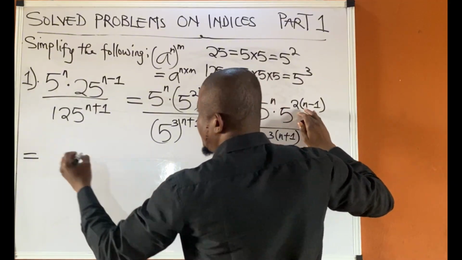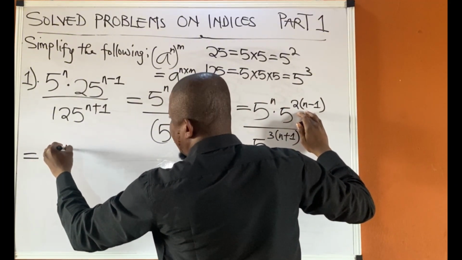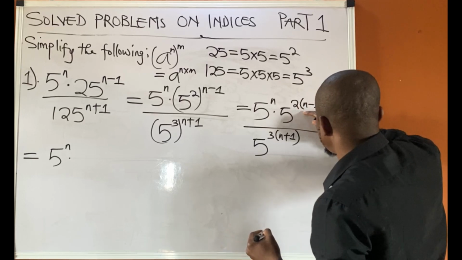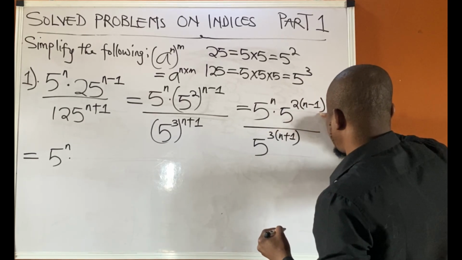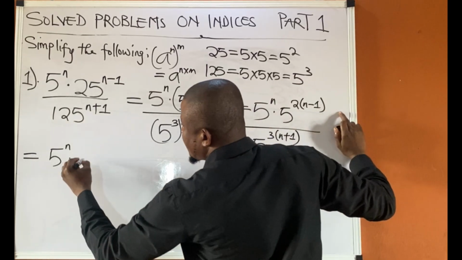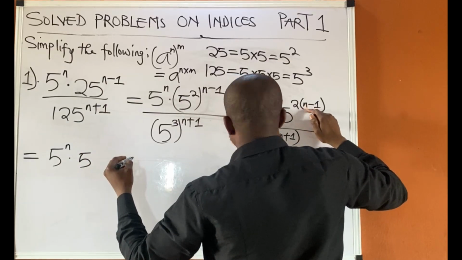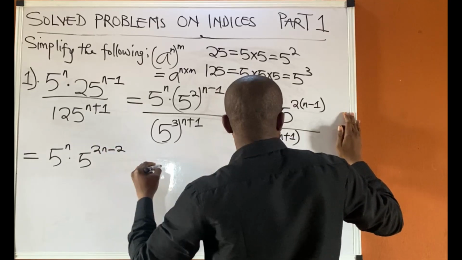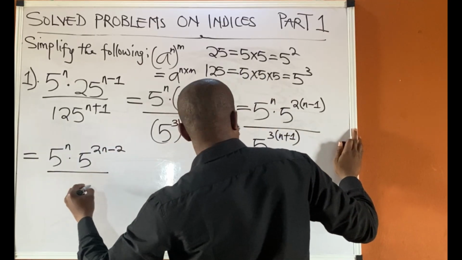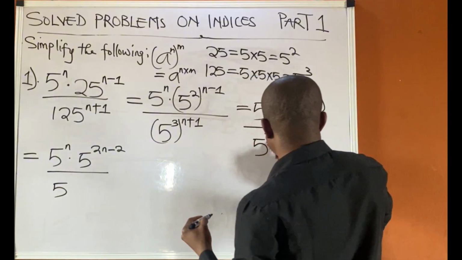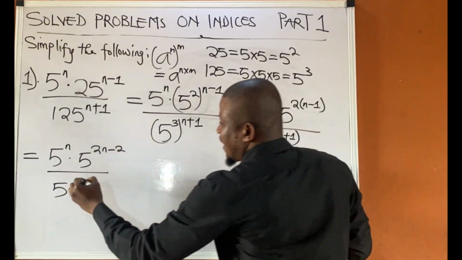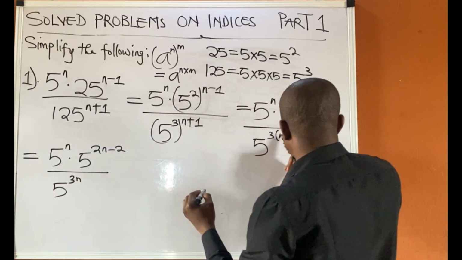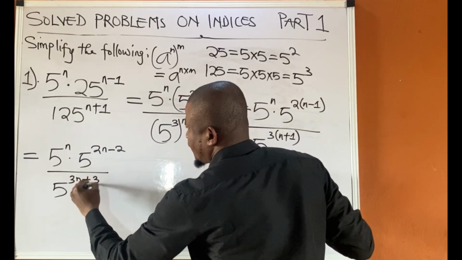This is 5 to power n. We need to open up this bracket, this multiplication here. 2 times n is 2n. 2 times negative 1 is negative 2, divided by 5. We do the same thing here. 3 times n is 3n, and 3 times 1 is 3.